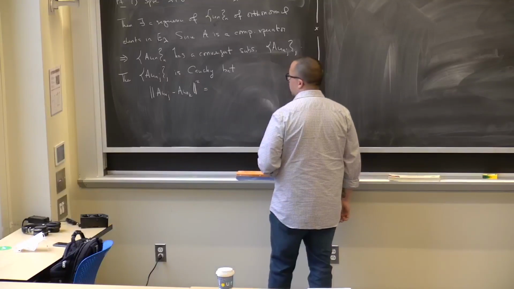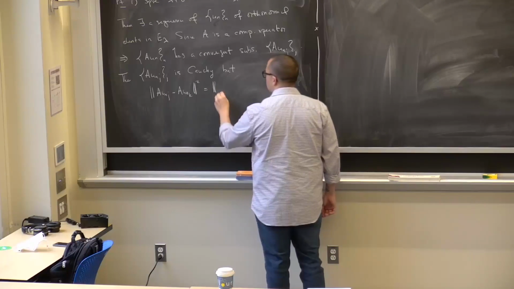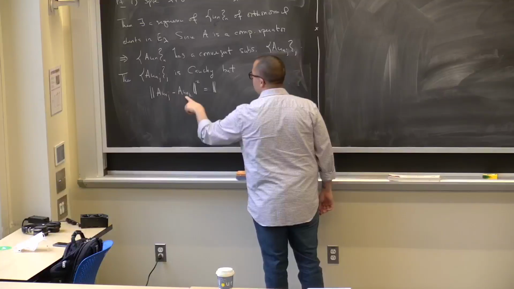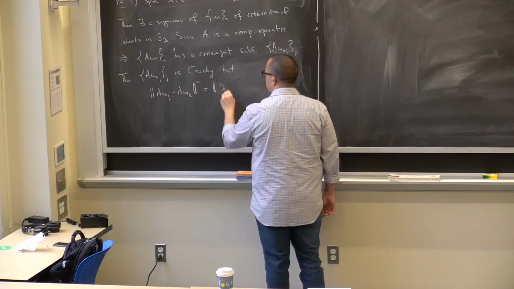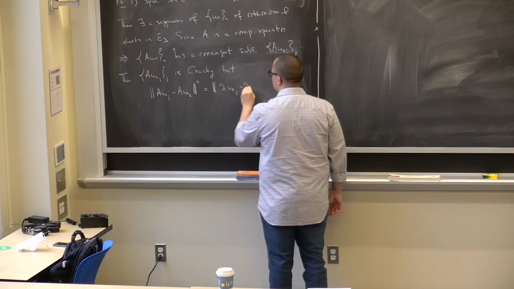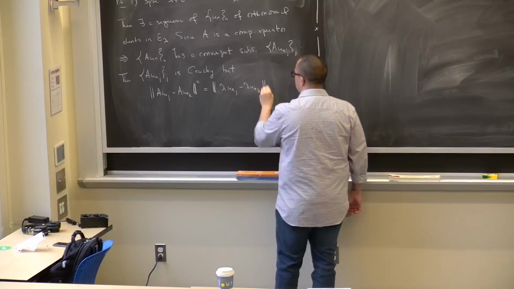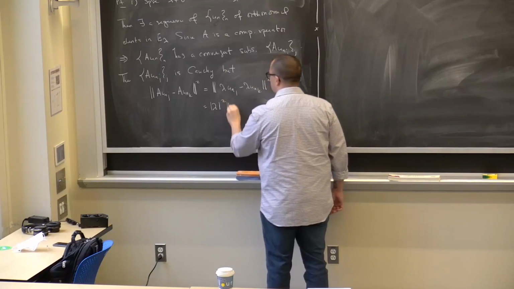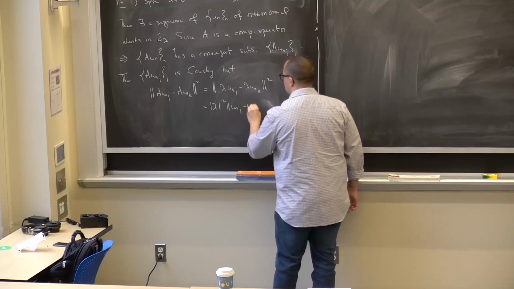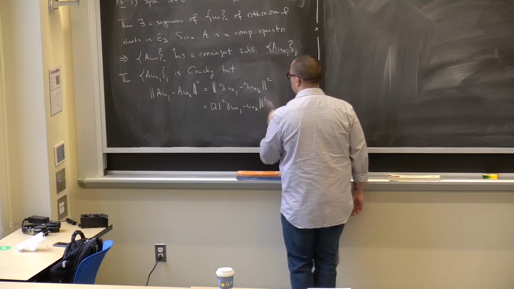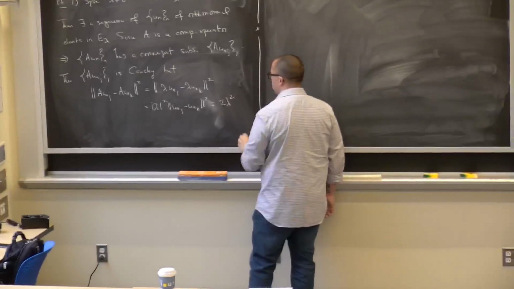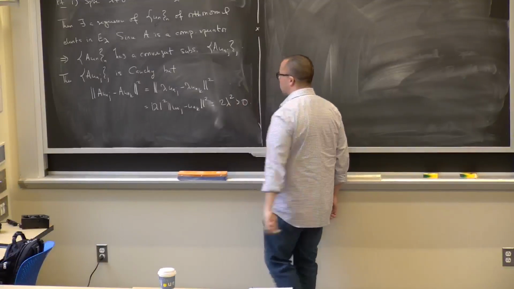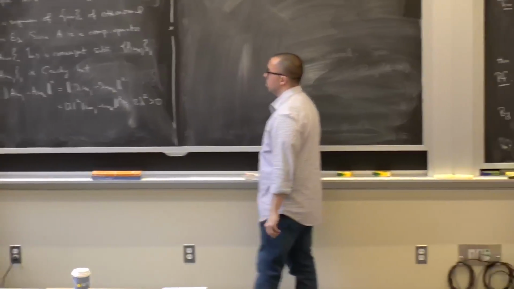This is equal to the norm of lambda u n j minus lambda u n k squared, because these are eigenvectors, which equals 2 lambda squared, a fixed positive number because lambda is not equal to 0.